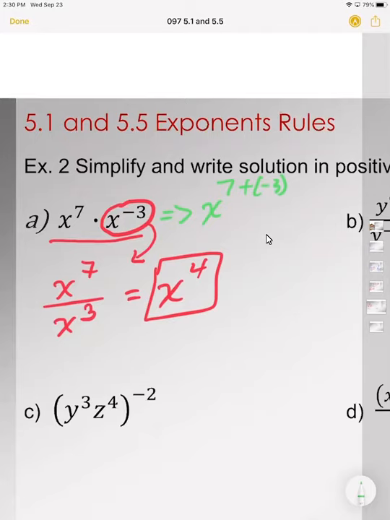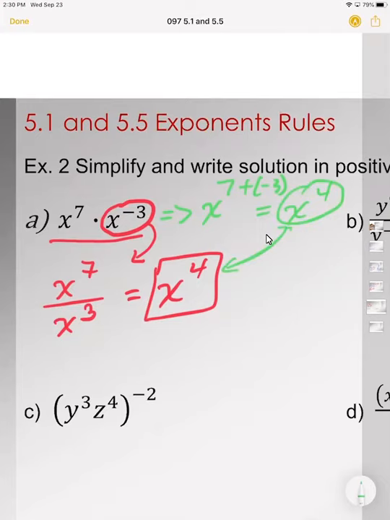The product rule tells me that if I multiply, I need to add my exponent. And do you agree that one of them is positive, the other one is negative? Because they have opposite sign, do you agree that we need to subtract and keep the sign of the larger number? Agree? 7 plus a negative 3 will give you 4. And just like before, you still get the same answer, x raised to the 4.